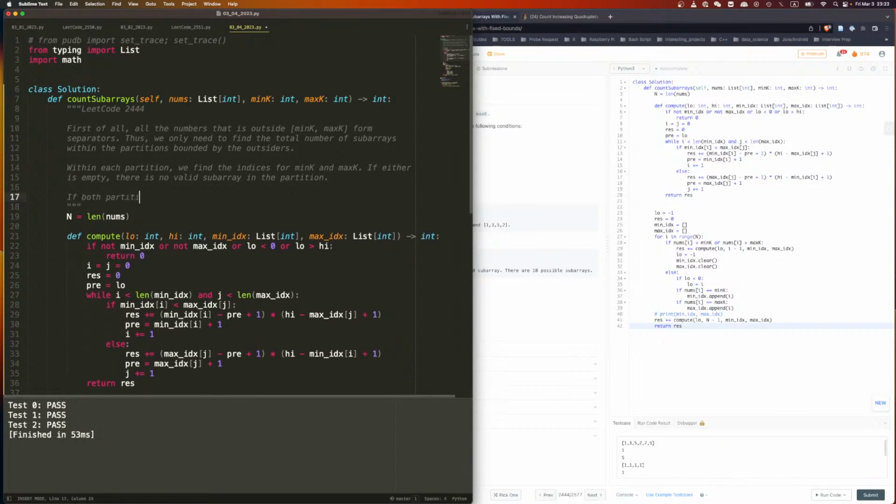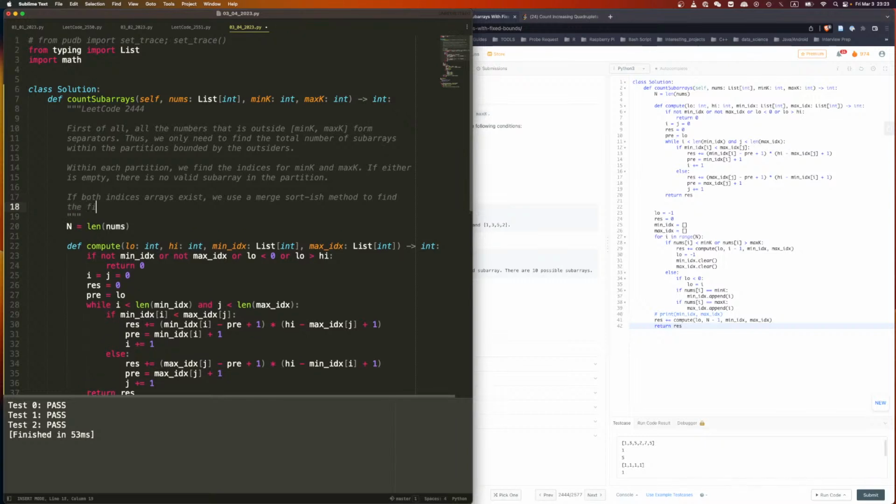If both indices arrays exist, we use a merge sort-ish method to find the first occurring min k and max k pair, right?